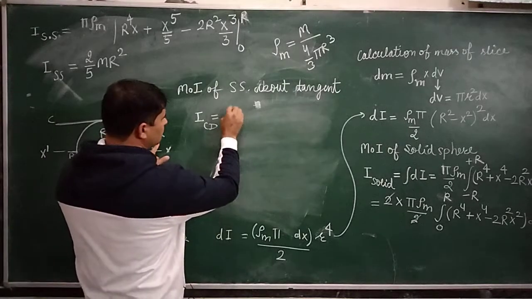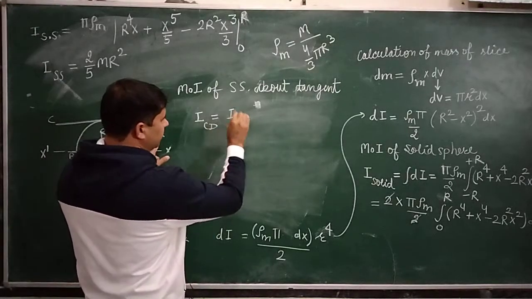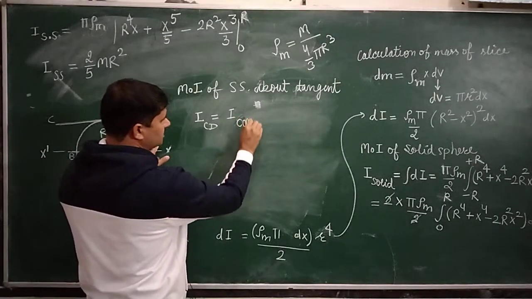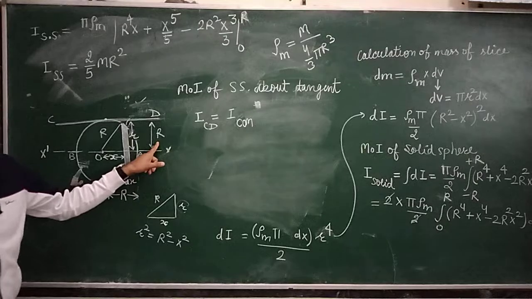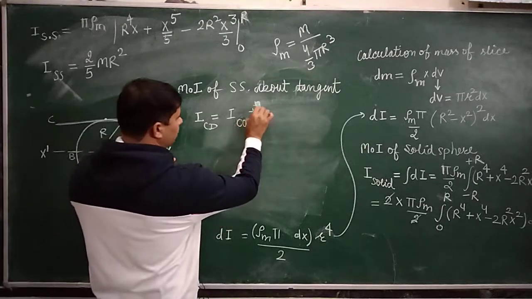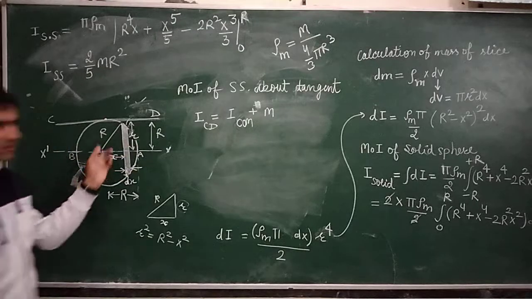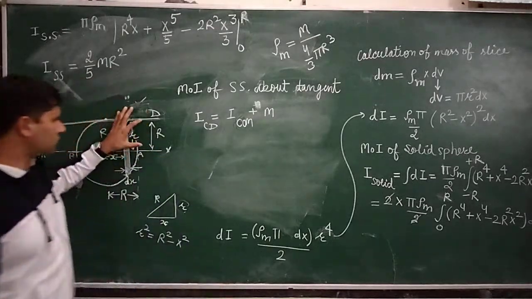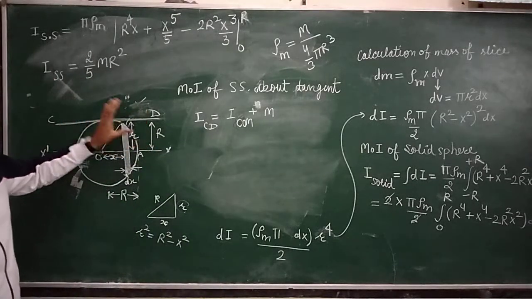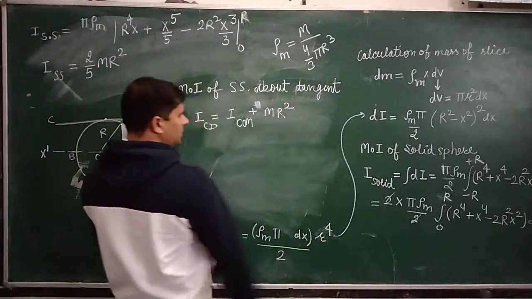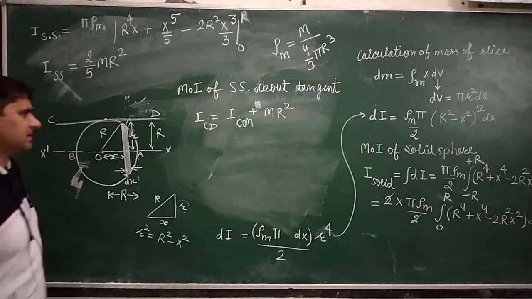So this will be I, the moment of inertia about an axis which is passing through the center of mass, plus the product of the mass of the body, the mass of the sphere, into the square of the perpendicular distance between the parallel axes. Here the perpendicular distance is r, so you will write r square.